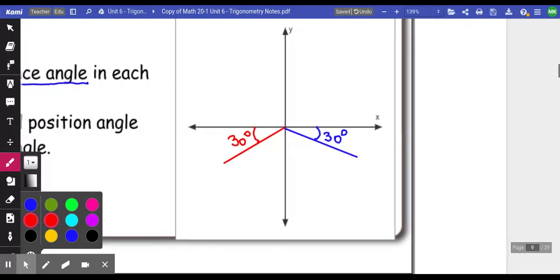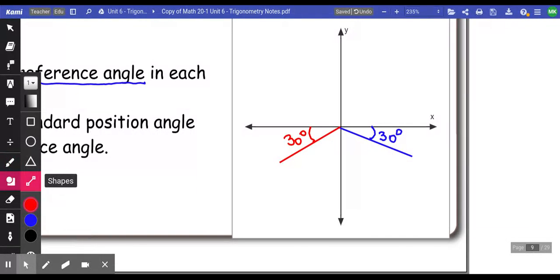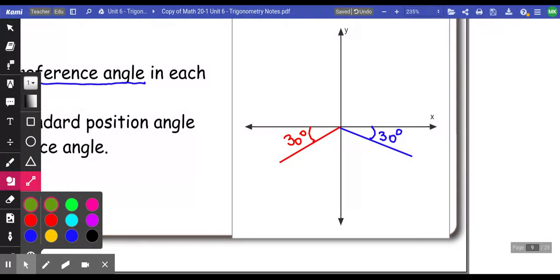And that is also a reference angle of 30 degrees between the nearest x-axis and the terminal arm. And hopefully you're catching on that I could actually make 4 different reference angles of 30 degrees. So I could go right there. That has a reference angle of 30 degrees, nearest x-axis, and the terminal arm is 30 degrees.